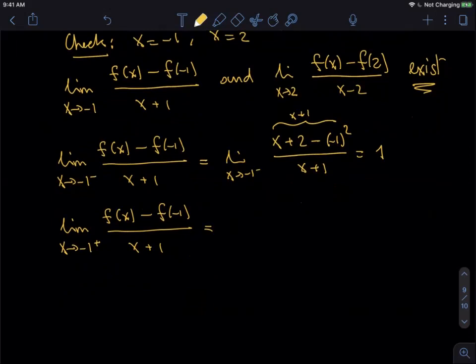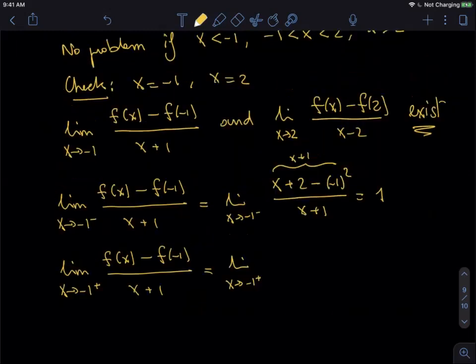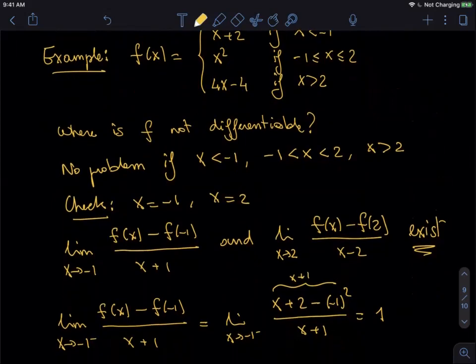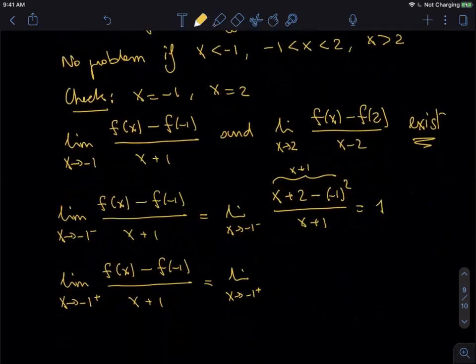All right. So on the right of -1, f of x is equal to x squared. We see it here. And the value of f of -1 is 1. So this is x squared minus 1 divided by x plus 1.